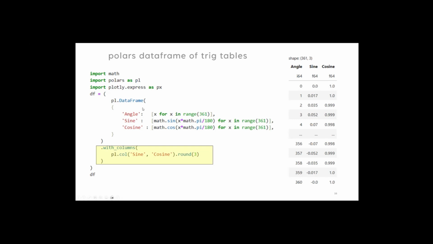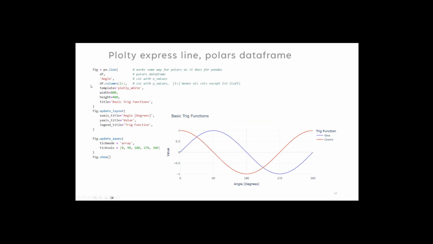So you can take this data frame, and in this case, I just typed it into a PX line. I said the data frame name. The X column is the first parameter. This list slicing says all the other columns will be plotted as Y values. And then basic stuff. There's no real difference.